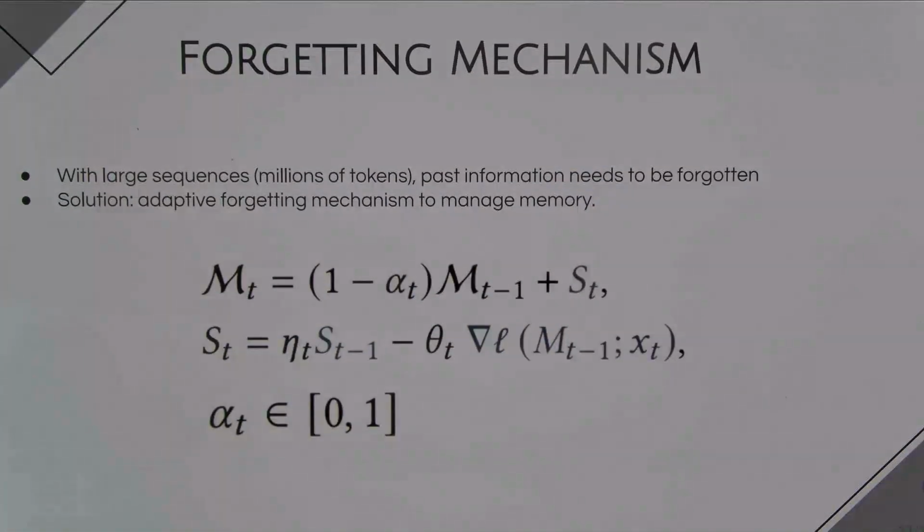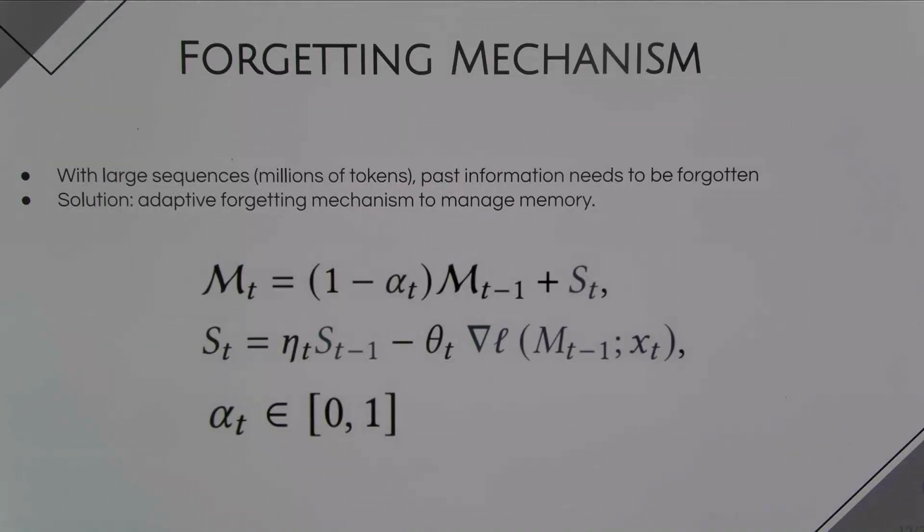And then lastly is the forgetting mechanism. If you have a lot of tokens, like millions, you're going to want to forget a little bit of past information. So they added this A_t, which is a value from 0 to 1. Actually, I believe it is a function with respect to x_t, so I should be more precise. It gives an output between 0 and 1, telling you how much to forget of previous memory.